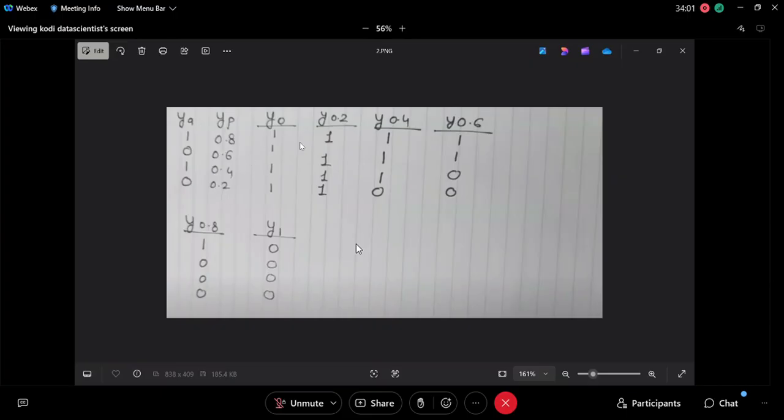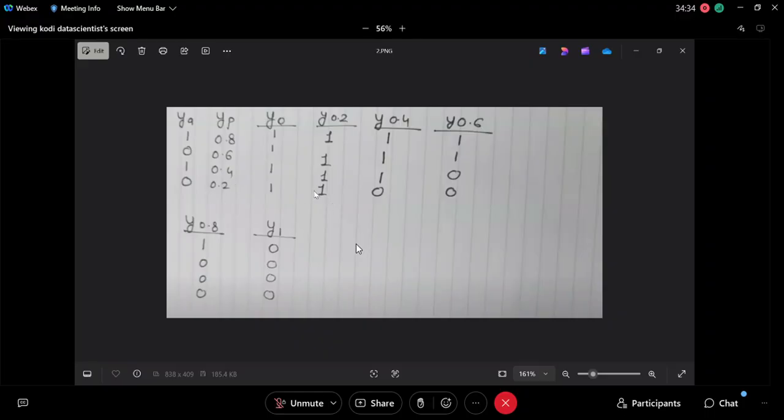Actual and predicted. At threshold 0, definitely, guys, 80% is greater than 0, so that's why we replace it with 1. 60% is more than 0, so 1, 1, 1. Are you clear or not? Now 80% is greater than 20%, 1, 1, 1. 80% is greater than 20, 60 is greater than 20, 40 is greater than 20, 20 is greater than or equal to 20.